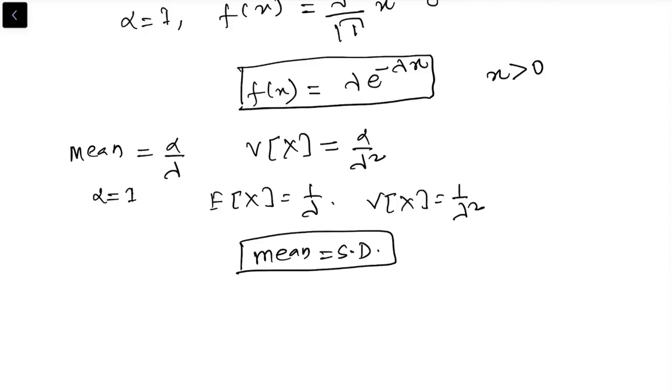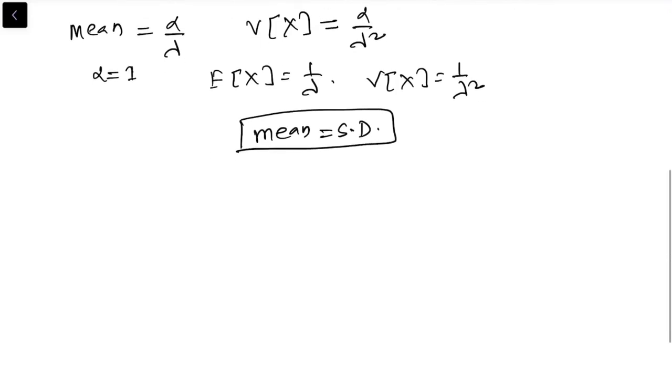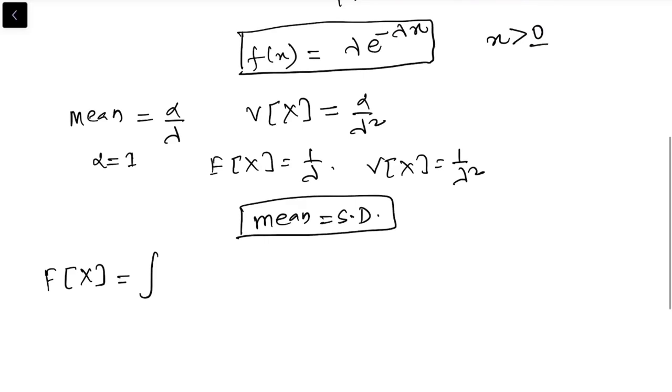Now let's look at the CDF of the exponential distribution. The concept behind the CDF is that you integrate from the lower limit of x up to some point x. The lower limit of x is 0, so you integrate from 0 up to some point x, and the PDF is lambda e to the power minus lambda s. Let's say s, because we already have x in the limit, so we have to assume some dummy variable.